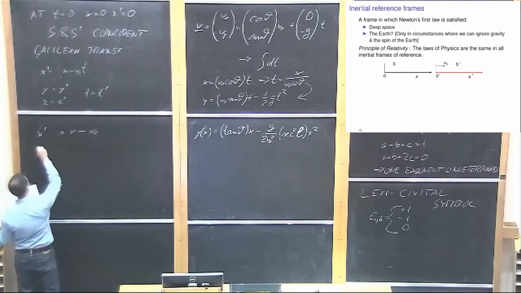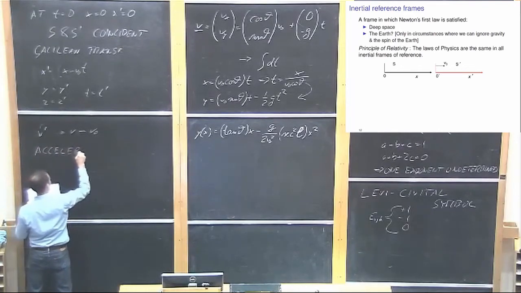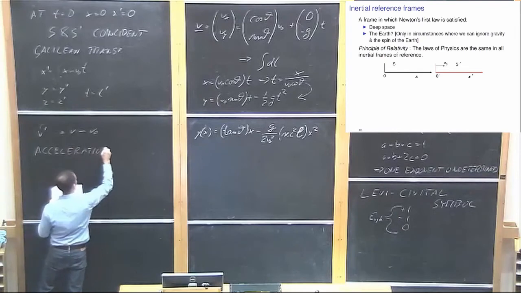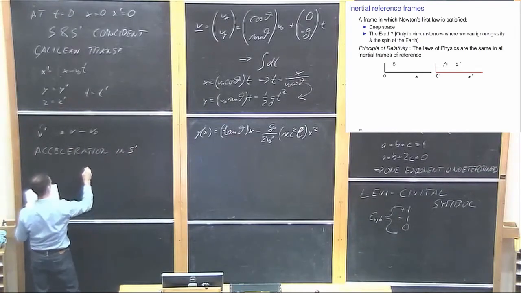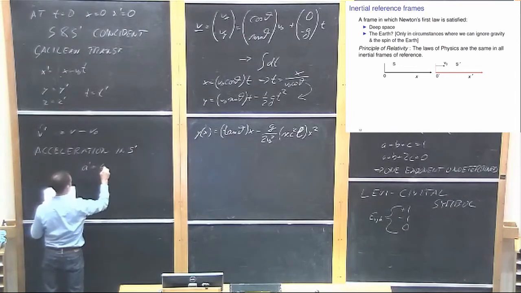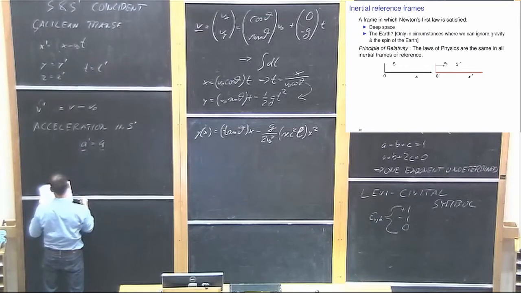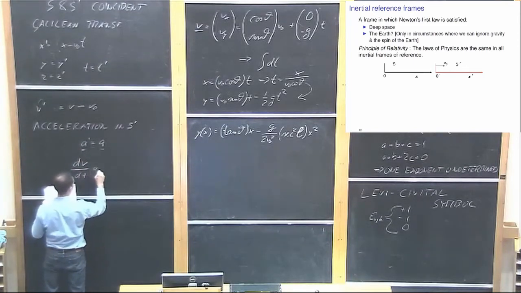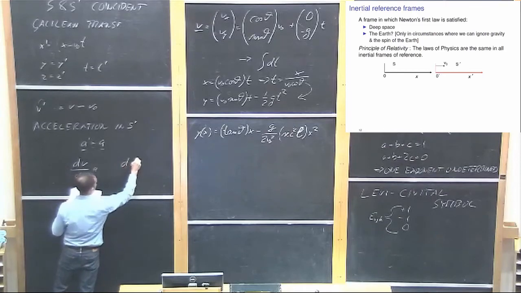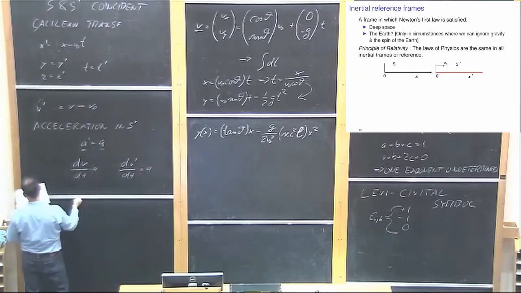And the acceleration in S prime is a prime equals a, because the velocity is constant: dv by dt equals a, and if we do dv prime by dt, we also end up with the same a.